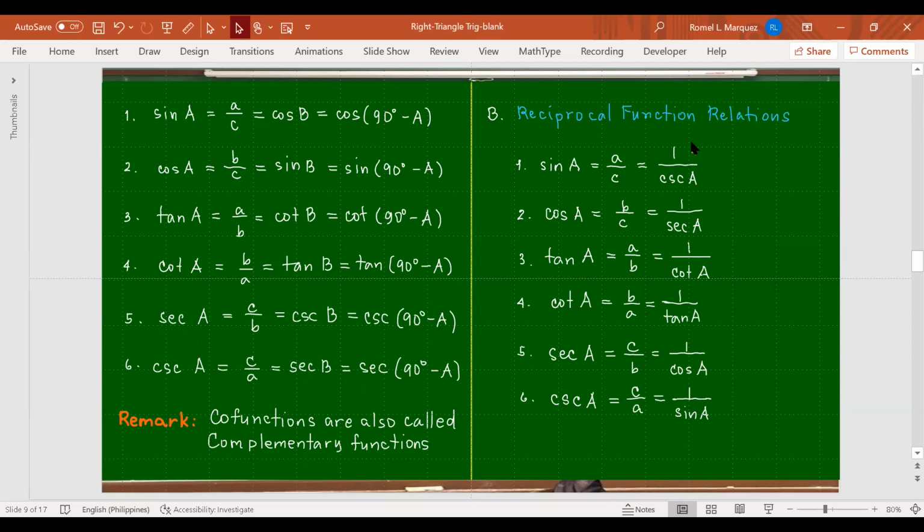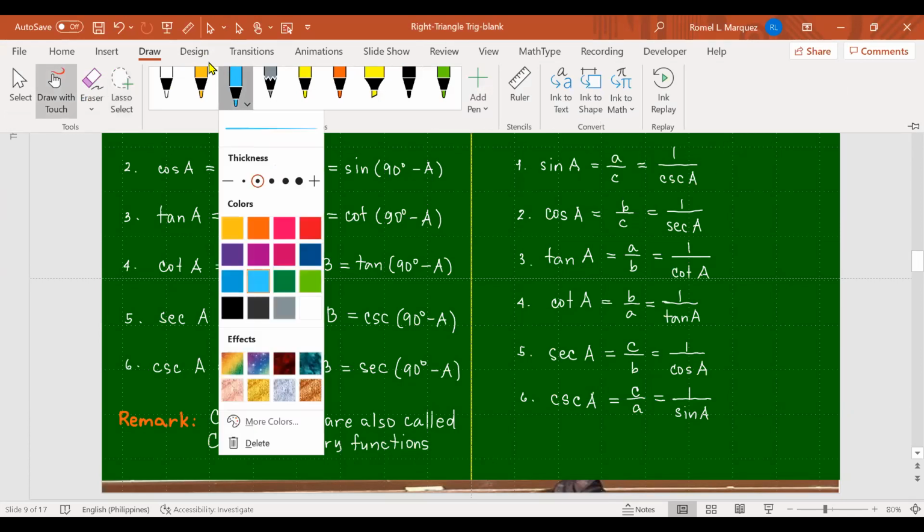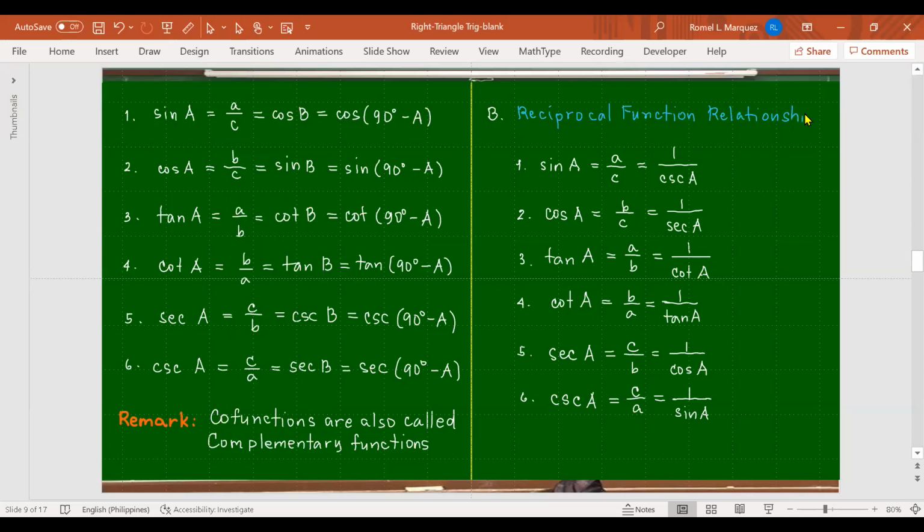And for the reciprocal relationships, we have the following. Sine A is equal to a over c, but this a over c is equal to 1 over c over a. So we have 1 over cosecant A. Cosine A is equal to b over c. If you take secant A, that is c over b, take the reciprocal, that is b over c also, and so on.